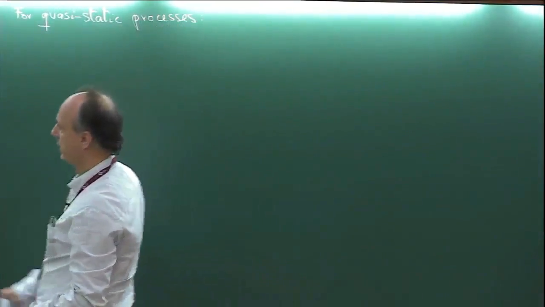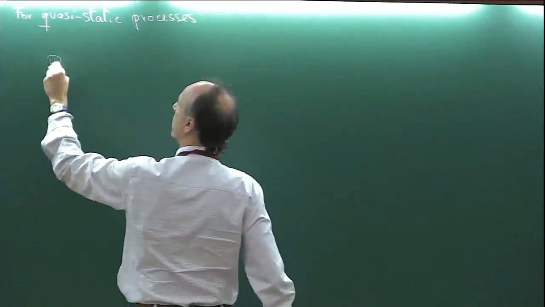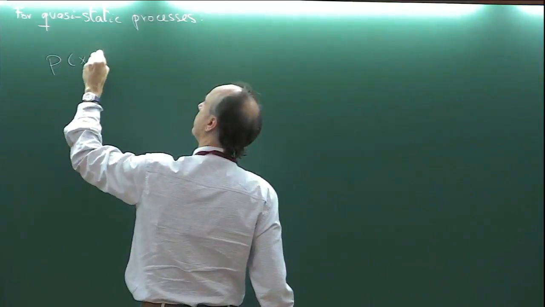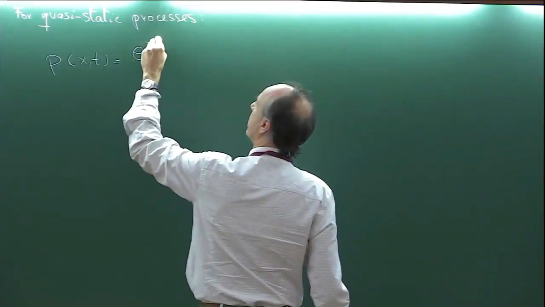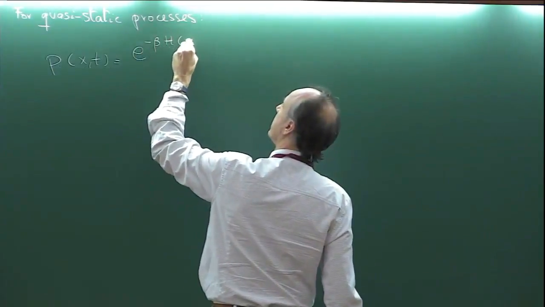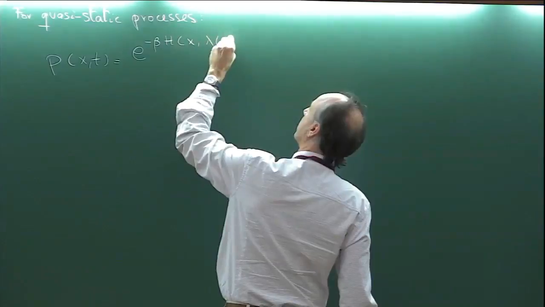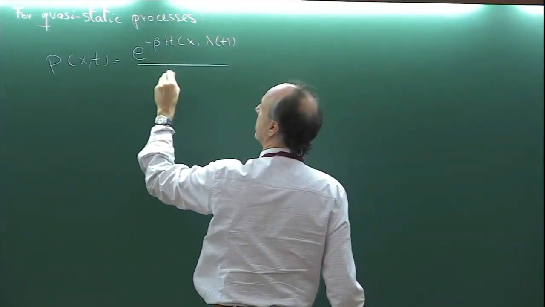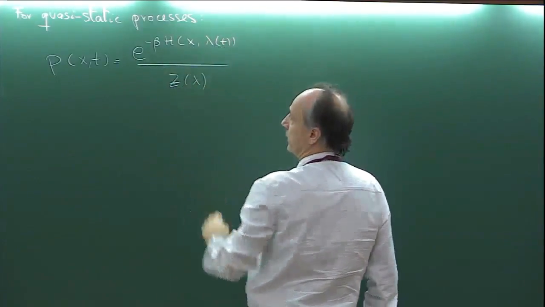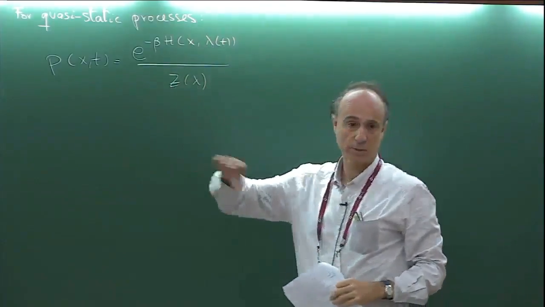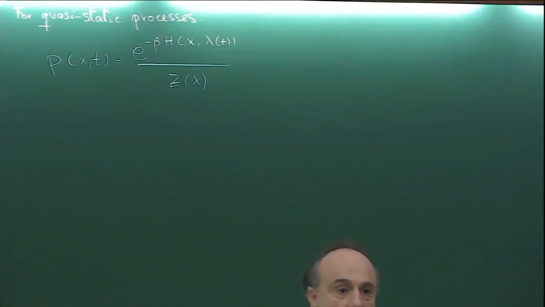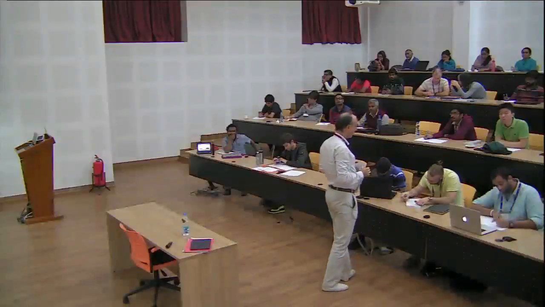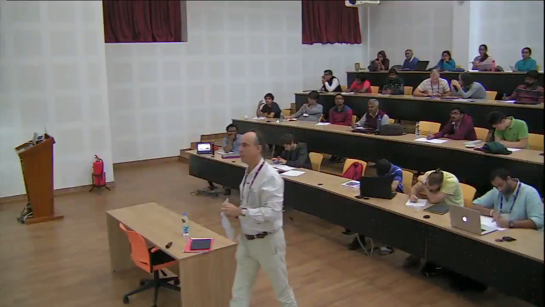It's very easy when the probability of finding my system in a state x is given by the thermal state for the instantaneous values of my parameter. This means that in a quasistatic process, my system is in thermal equilibrium all the time, and this is true if lambda dot is small.